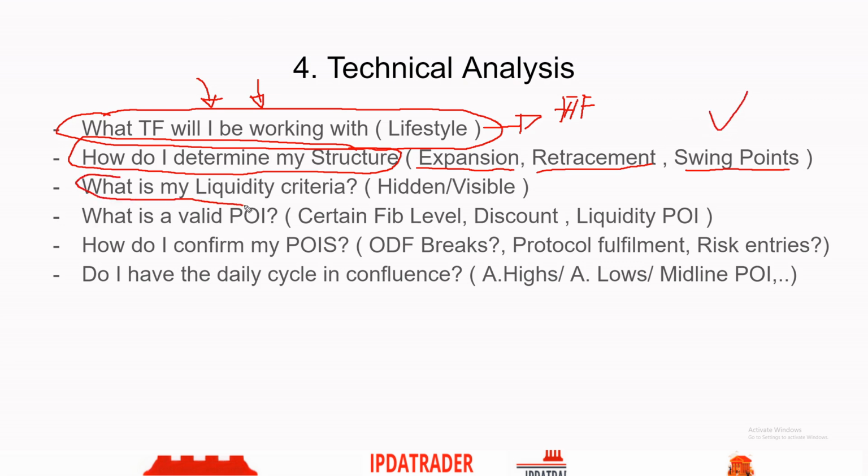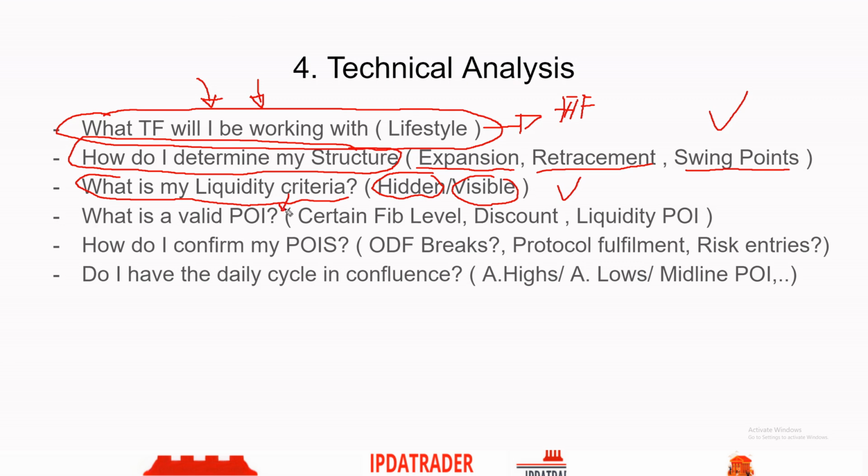Same ideas. What is my liquidity criteria? What needs to happen in order for me to check this box in terms of liquidity? As you know, we have hidden and visible liquidity. Just as an example over here, you can say in your plan, in order for me to execute a trade, I need liquidity to be grabbed into my POI right here.